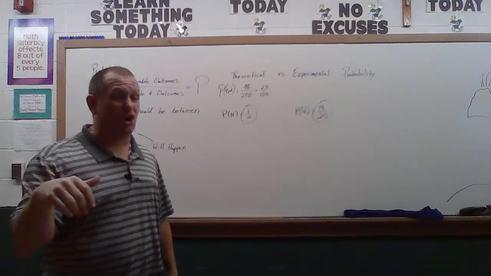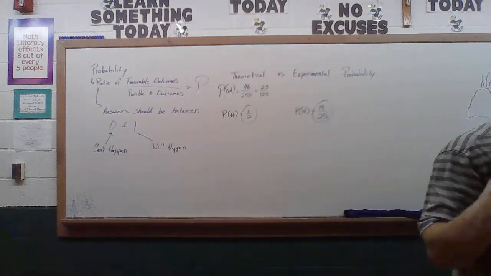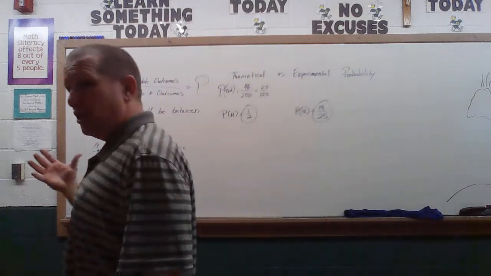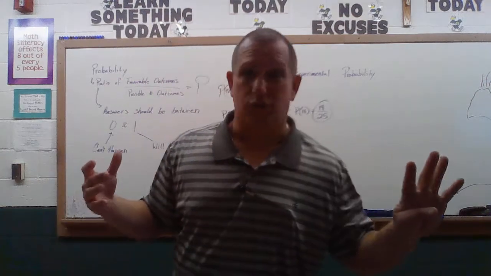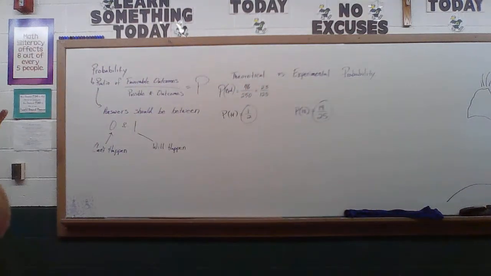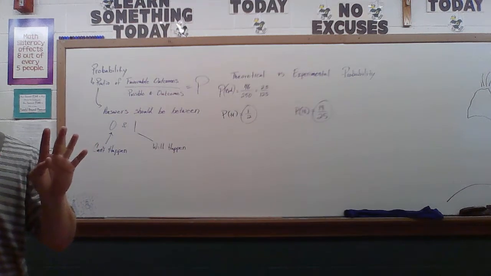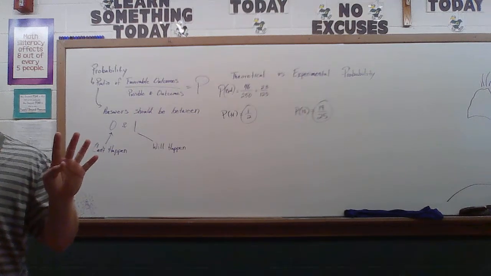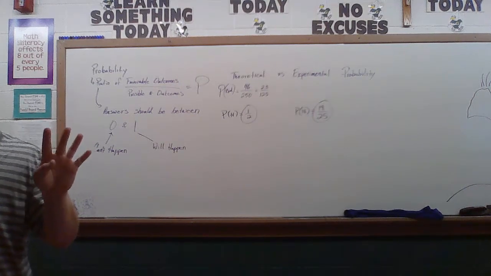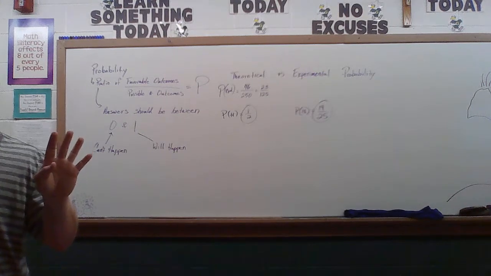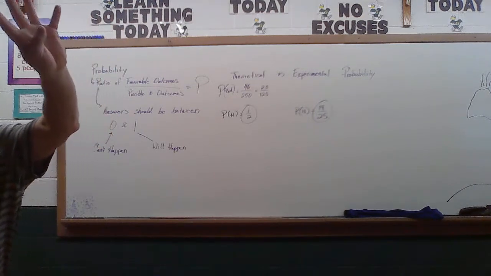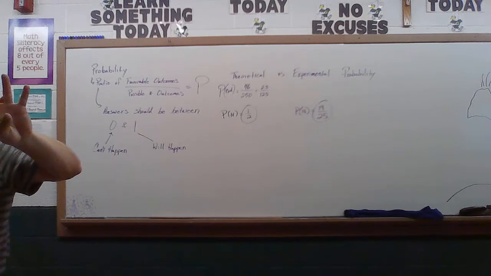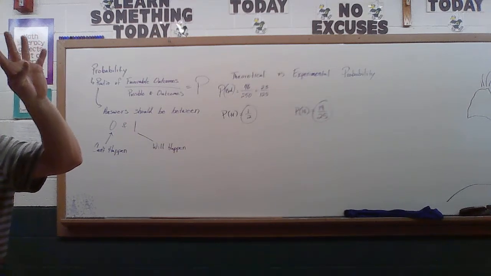The other big one is cards. A deck of cards. How many cards are in a deck of cards? 52, right? How many different suits are there? 4. So if there's 52 cards and there's 4 suits, how many cards are in one suit? 13. That's 52 divided by 4.